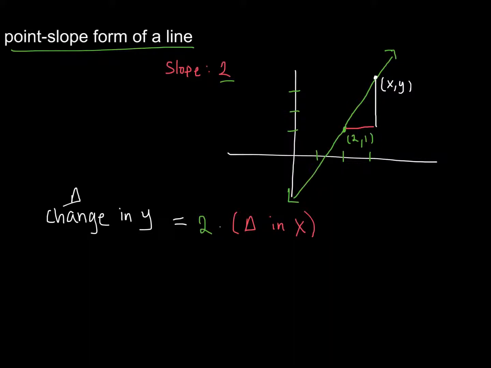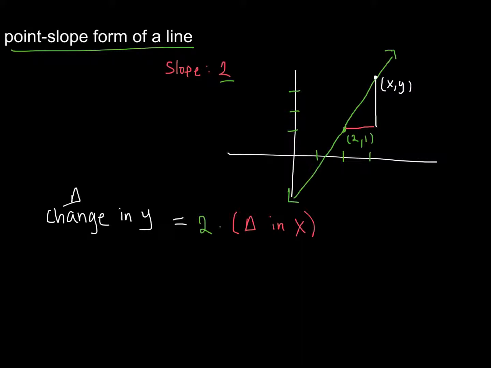If I know that my line has a slope of 2 and passes through the point (2, 1), then for any other point on the line, I can determine a relationship between the x and y values. So for any other point, the amount that I will have to change the y value by to get to this new point is going to be exactly equal to the change in the x value times the slope, because the slope is telling me exactly that. What will I increase my y value by for every increase of 1 in the x value?